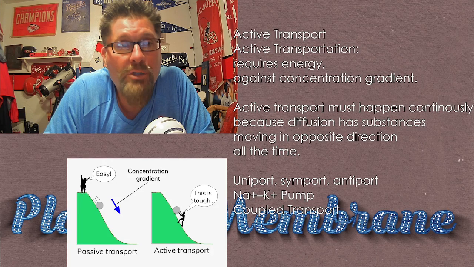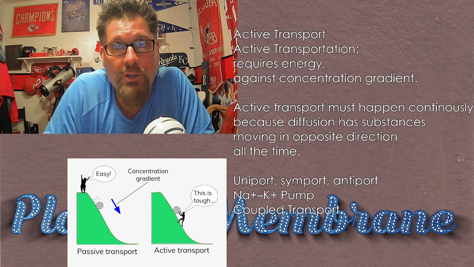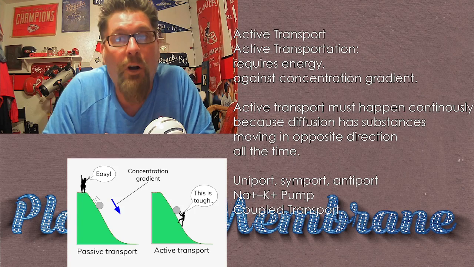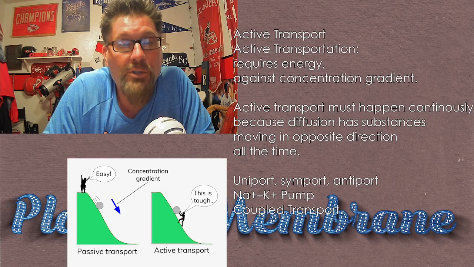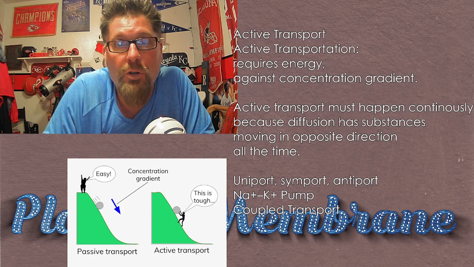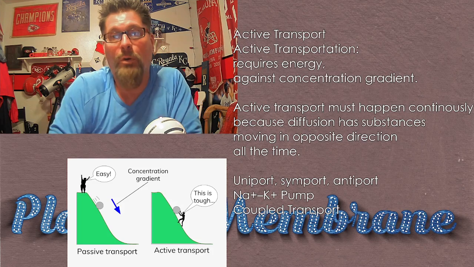So active transport, when we say it goes against the concentration gradient, what we're saying is that we've already got a bunch, but we're bringing more in. That's going to cost us some energy, because we're talking large molecules, big stuff.